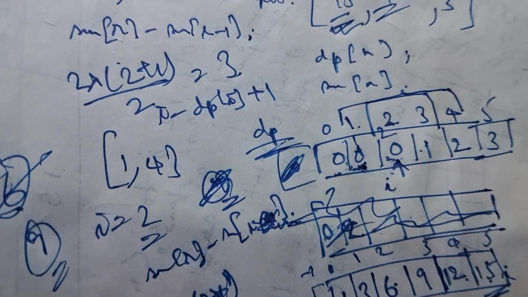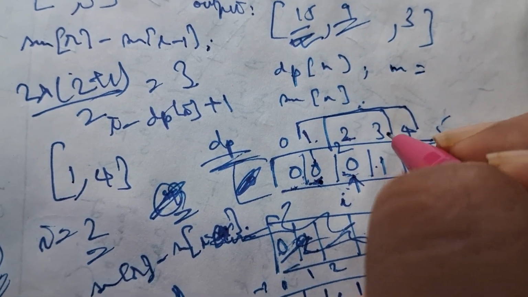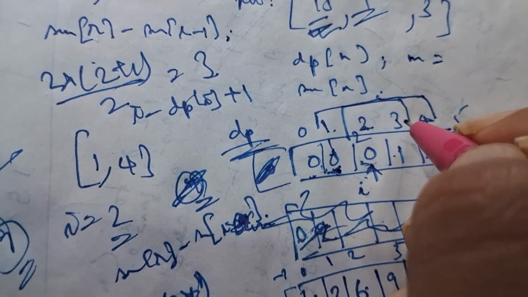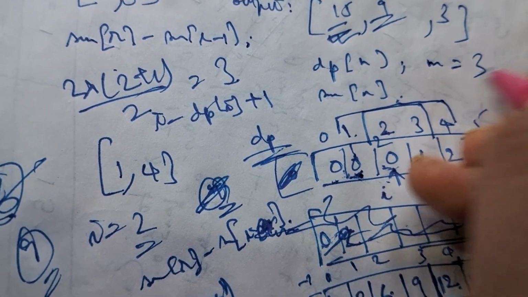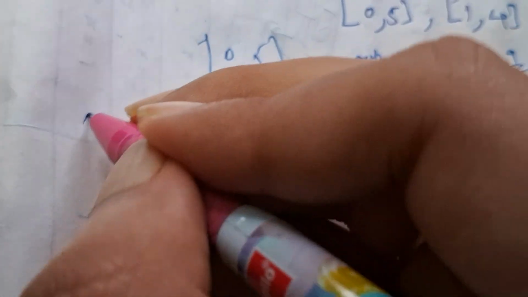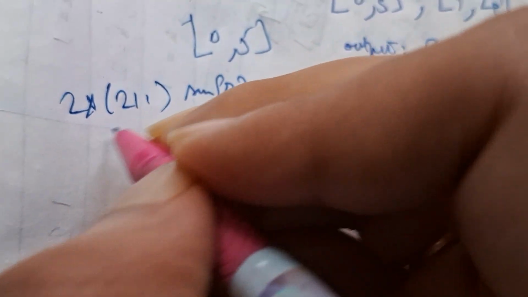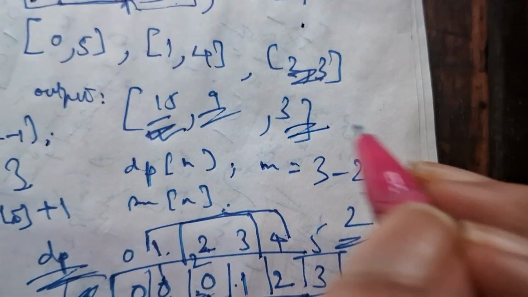Why? Because M, I told you, is this minus this: the first element which is not here, that is 3, 3 minus 2 plus 1, that is 2, right? So again, 2 into 2 plus 1 by 2, so that becomes 3. So we can say the last element is 3.